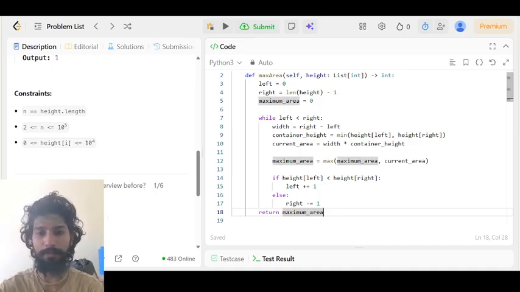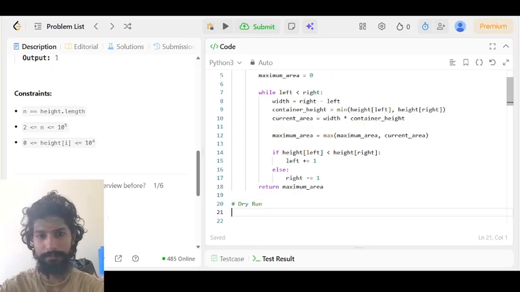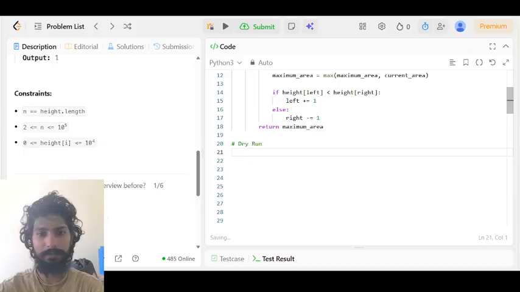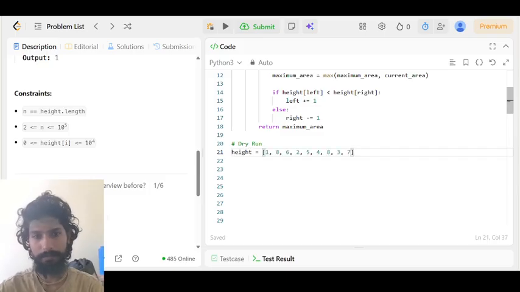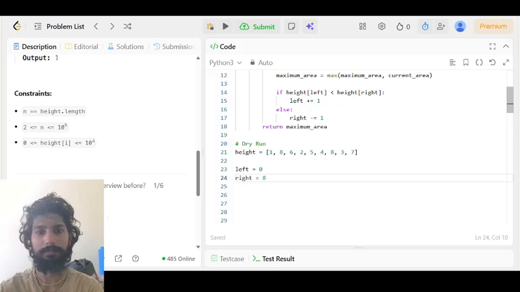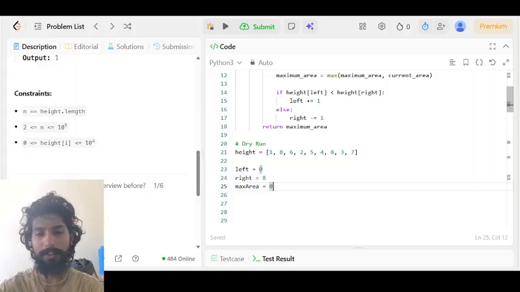So let us understand it more clearly by doing this diagram. We are given this array. Initially, left equals 0 and right equals 8, and max area equals 0. So what are our heights?